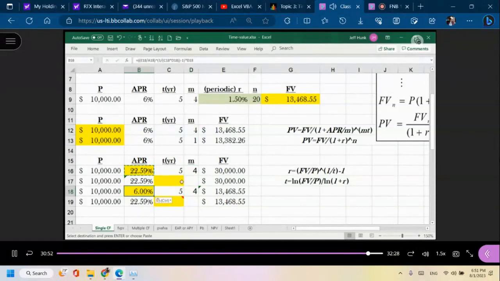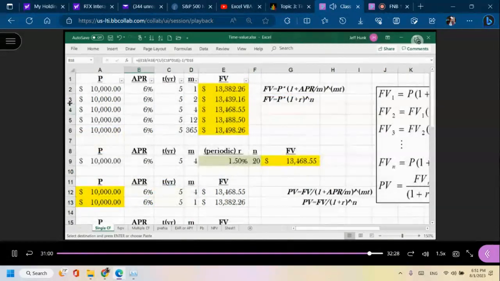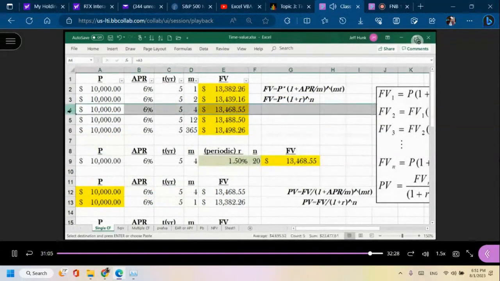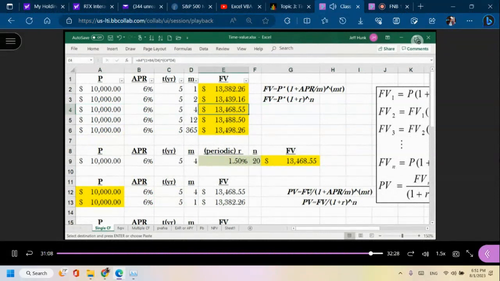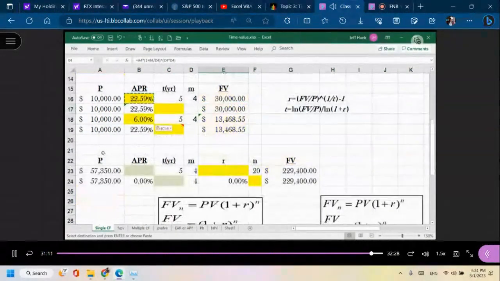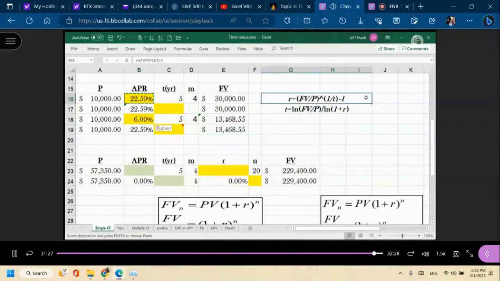Now, but this checks out. We can confirm that we got it right by checking it with the original scenario. In the original scenario, everything was known except for future value. But here, future value is known, and everything else is known, but APR. If you solve first for the periodic rate, and then make an adjustment to convert it back to the annual rate, which is a very easy process, because anybody can understand: if the quarterly rate is something X, to convert it into an annual rate, just multiply it by 4.